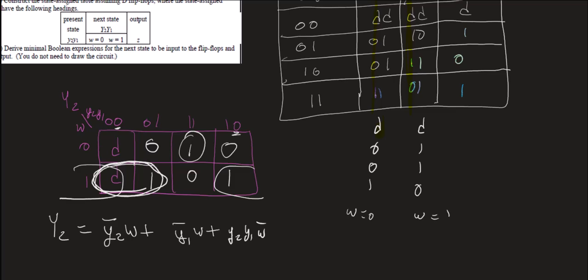That doesn't seem right, but y2 bar w, y1 bar w, y2, yep, that is correct. Alright, so now let's do y1.